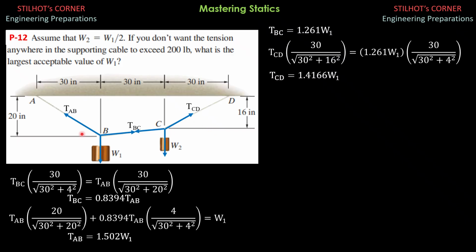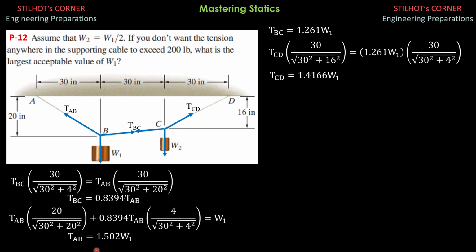So as I said, the one with the greatest slope is the most critical tensile force, which is tension AB, which has greater slope than tension CD. So in this problem, if they have the same capacity like this one, 200 pounds, it is the one with the highest slope that controls, in this case, tension AB.